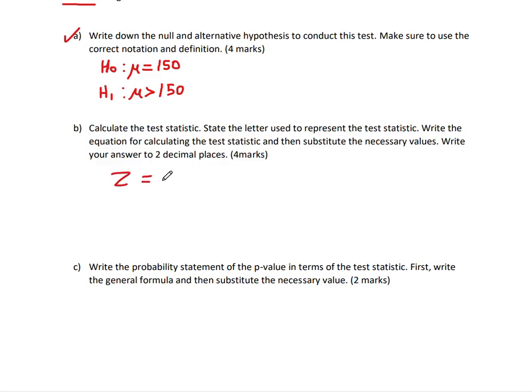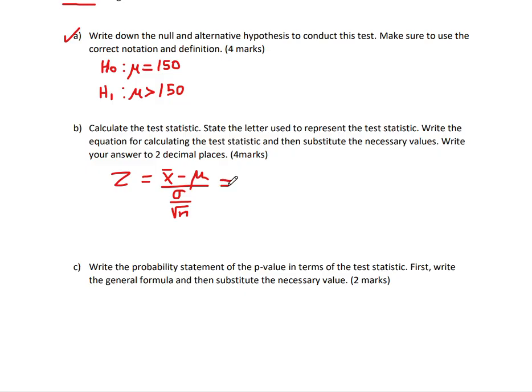So here Z is the test statistic. Z is equal to X bar minus mu divided by sigma upon the square root of n. And this is the test statistic for hypothesis tests for single means.